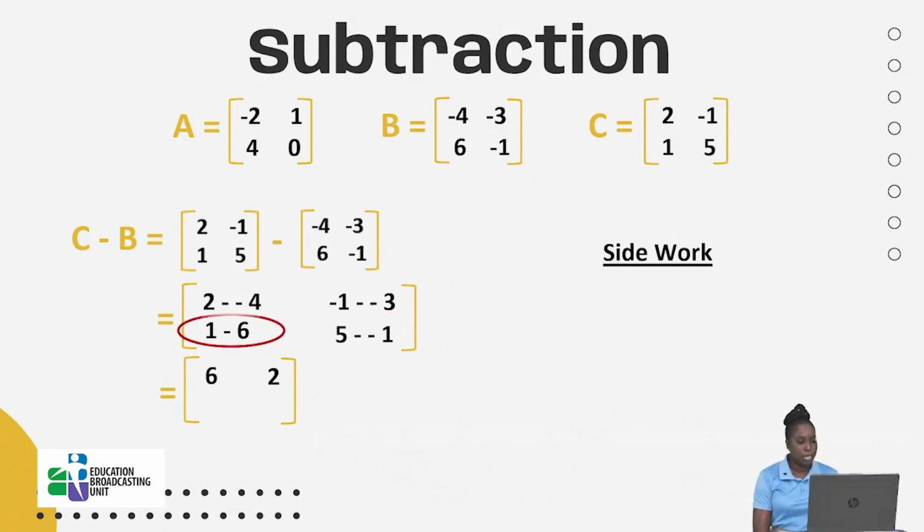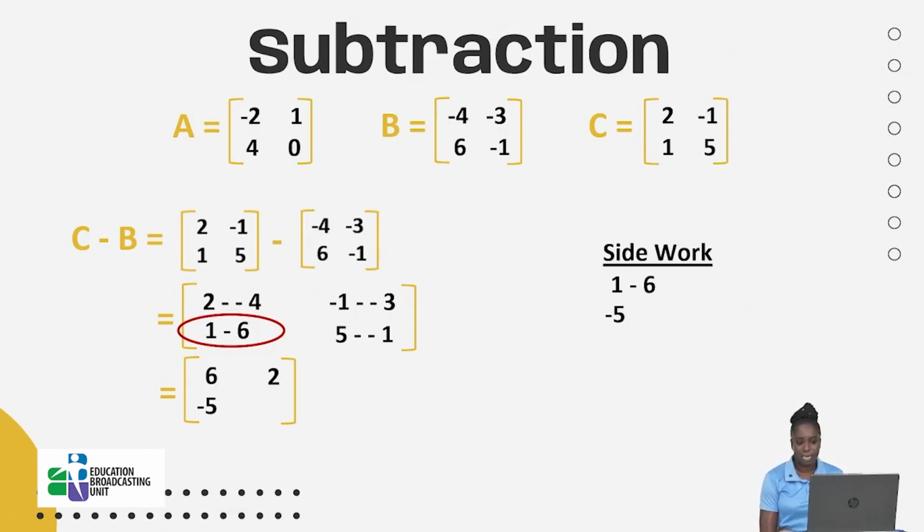Our third position, 1 minus 6, which is row 2, column 1. So 1 minus 6, again, applying our knowledge of the rules of addition and subtraction, interchangeable. So 1 minus 6, signs are different, and so I'm going to subtract and keep the sign of the greater. So 1 from 6 is 5, and it must be negative because 6 is greater than 1.